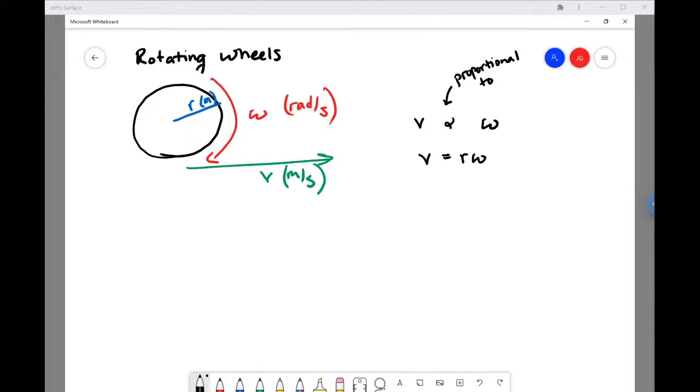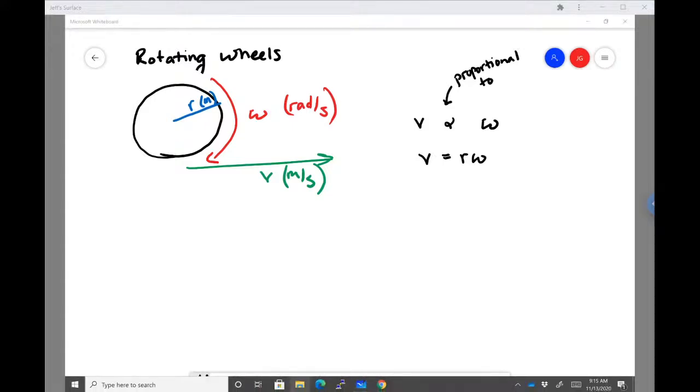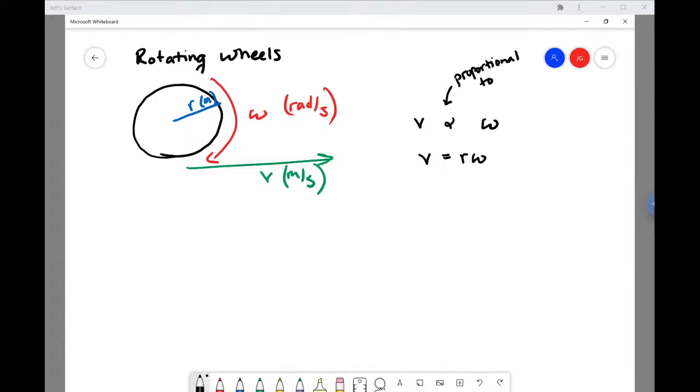So let's say you had a problem, and actually you do have a problem like this, where what you're given is that there's a wheel that over the course of its lifetime has traveled a distance, I'll just make up a number, it's not important, let's say 1,000,000 kilometers.